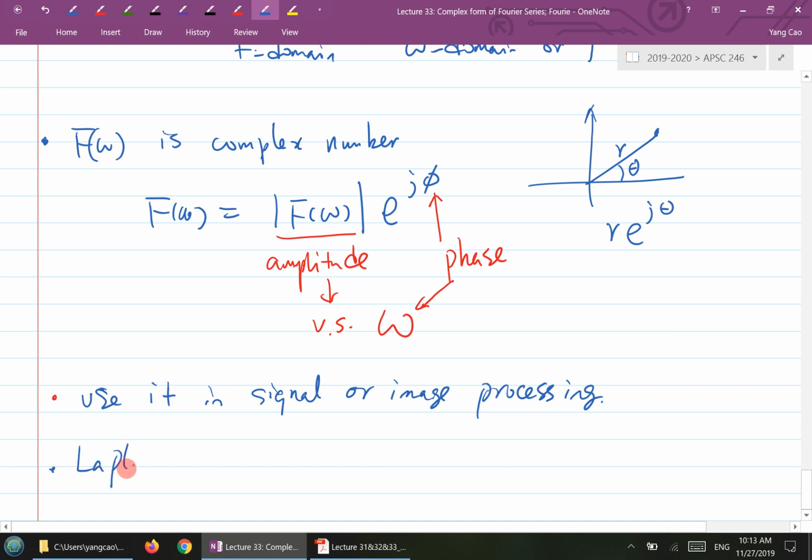I showed you the Laplace here. You notice the similarity between Laplace and the Fourier, but Laplace often is used in control applications.